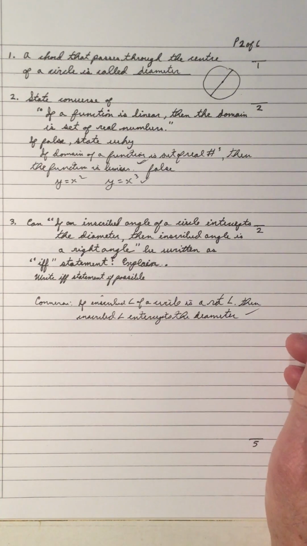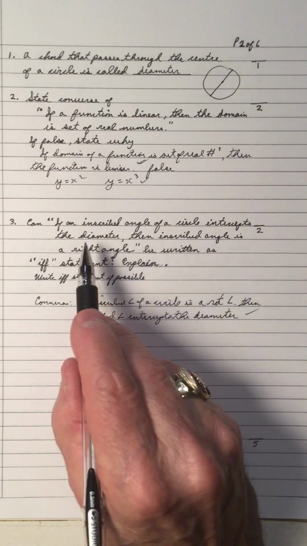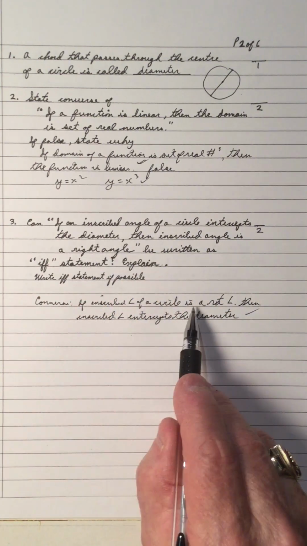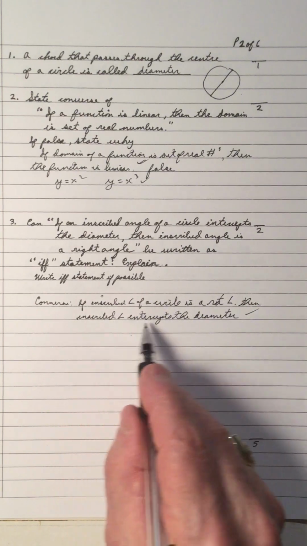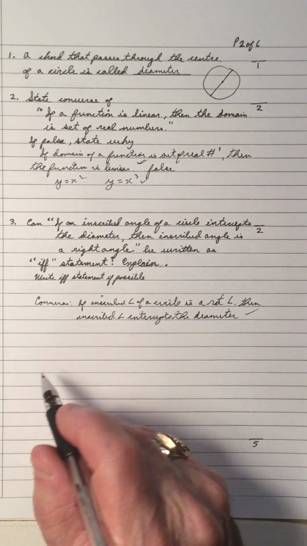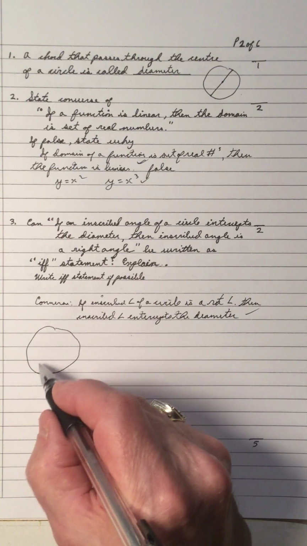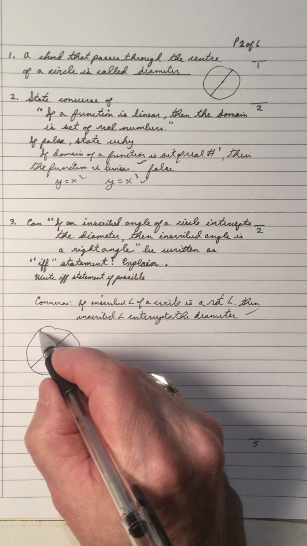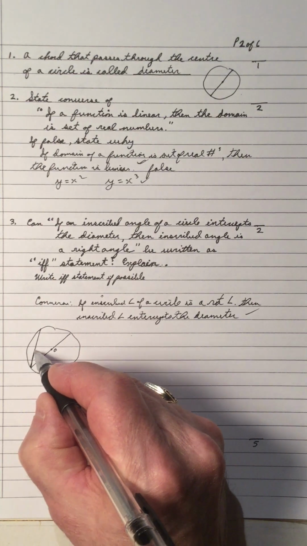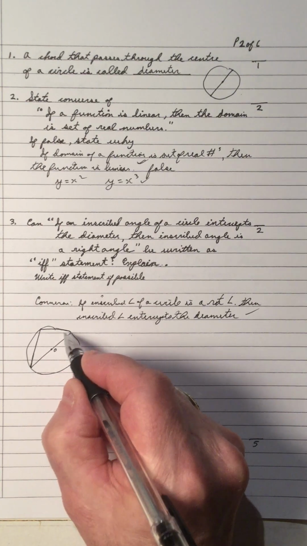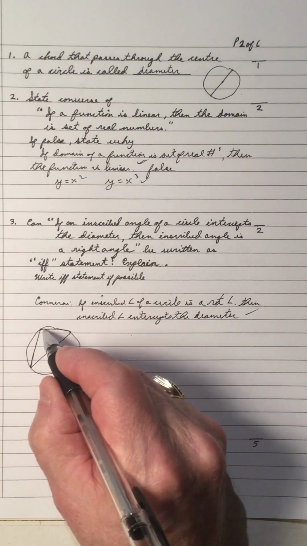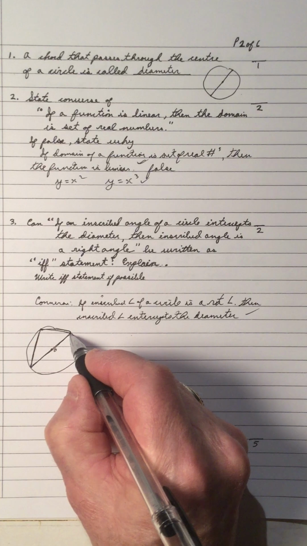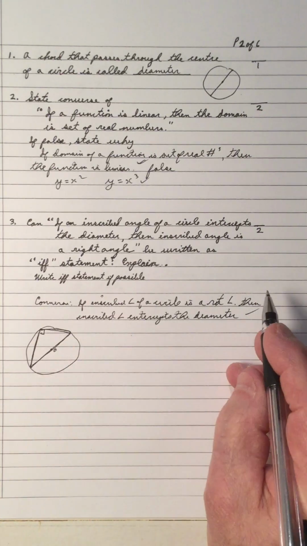And that converse is true. So there's the statement, the conditional sentence at the beginning. This is its converse. And the converse is true because if you have a circle and you have a diameter going to the center O, and you draw an inscribed angle which has 2 chords with a common endpoint, and that inscribed angle intercepts the diameter, then this is a right angle.